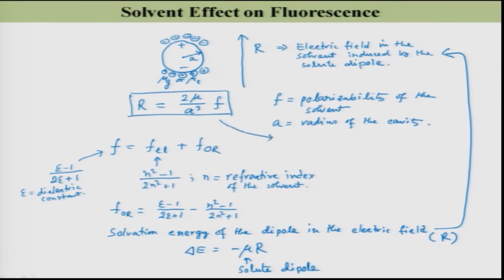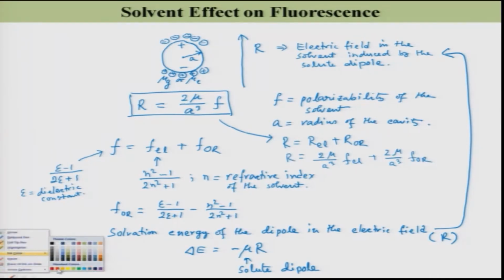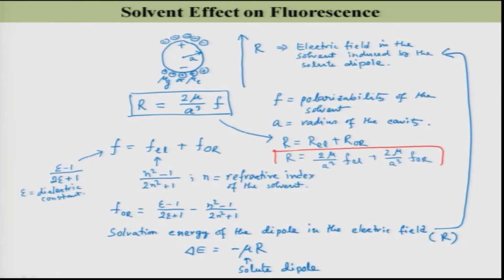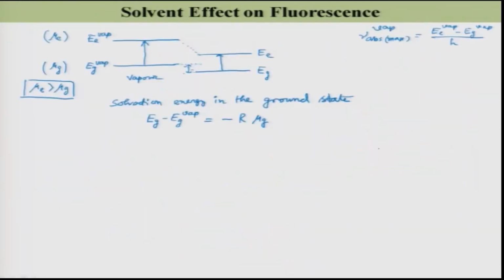So, from here I can write R equal to R EL plus R OR, which is equal to 2 mu by a cube f EL plus 2 mu by a cube f OR. So, I am going to use this equation from now, and also this one, right.